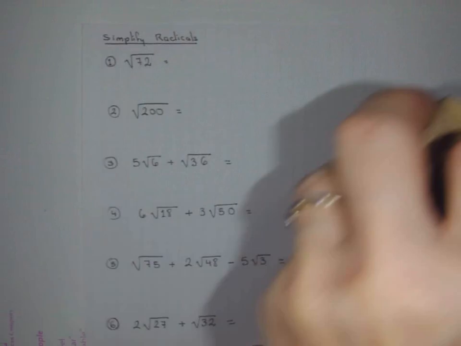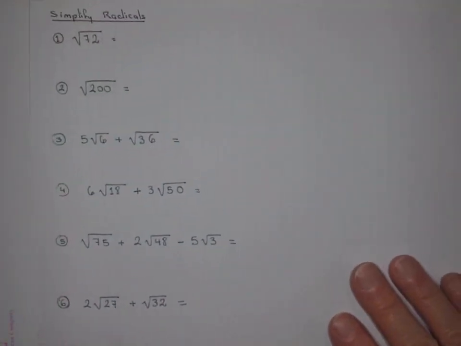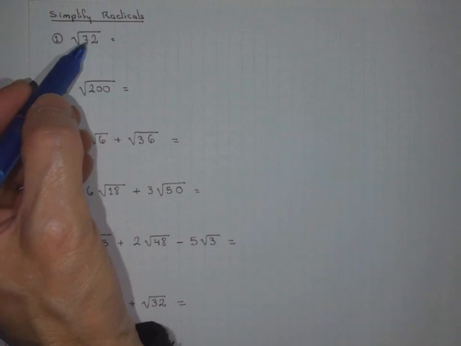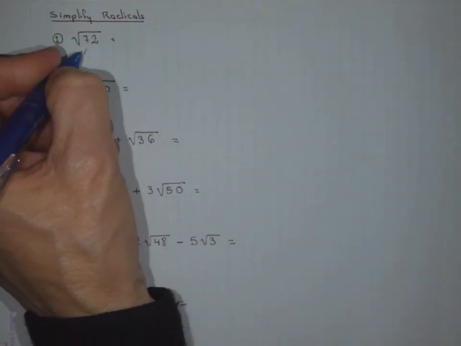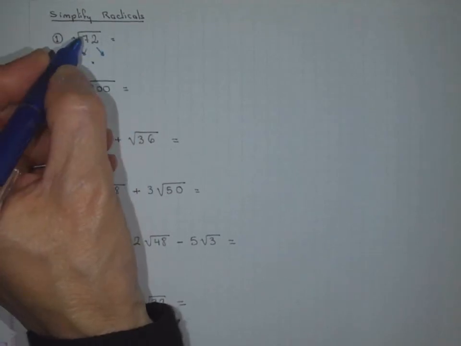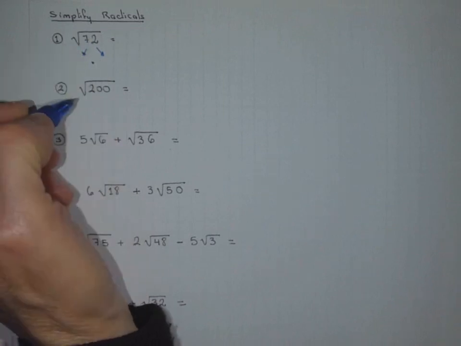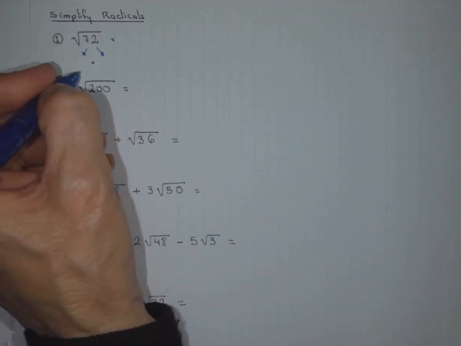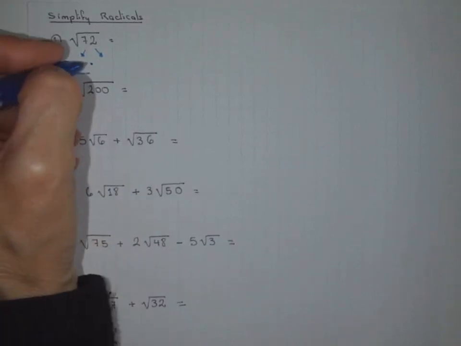So now that you have the idea, we need to figure out perfect squares. 72 is not a perfect square, so we need to ask ourselves, what can we multiply to give us 72? We want to multiply two numbers that would give us 72, but one of those numbers has to be a perfect square.